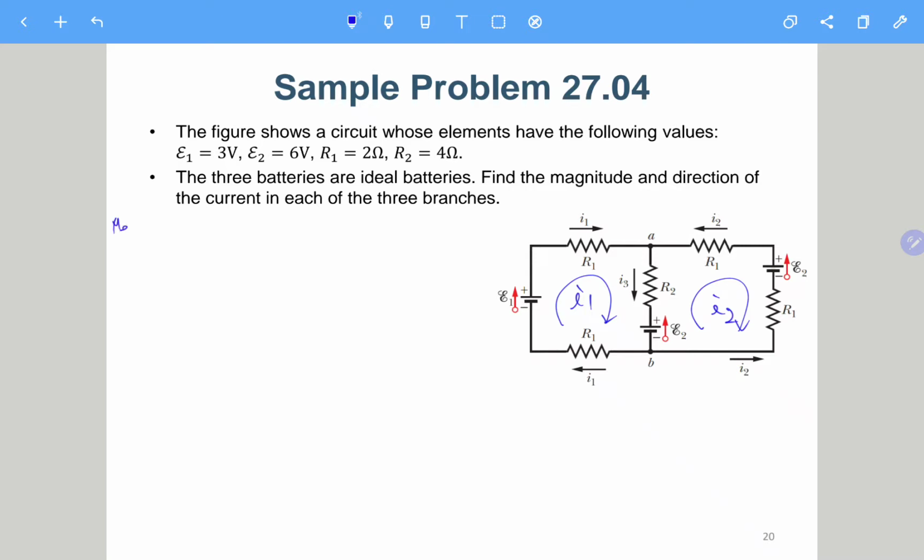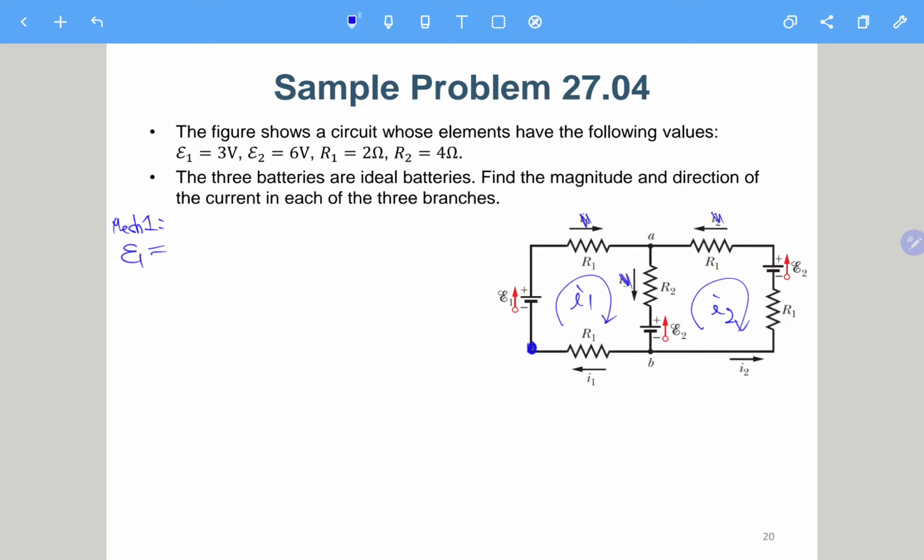So for mesh 1, let us start from here. Okay, so we go up, so it will be E1. E1 is the source, and then it should equal to, so this one is going up and then going down should be on the other side.